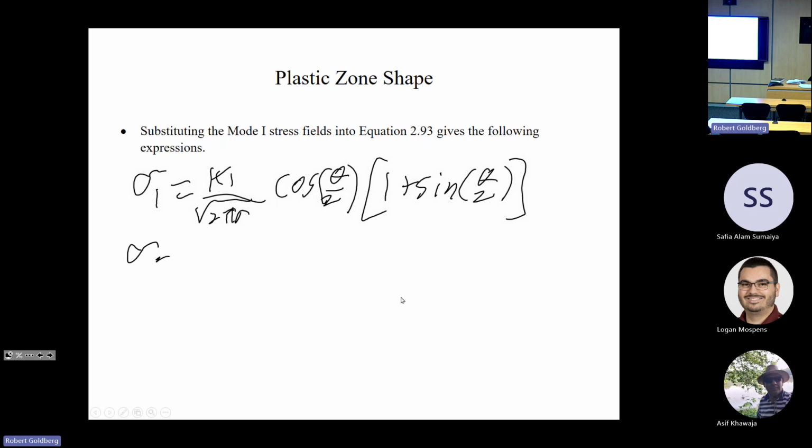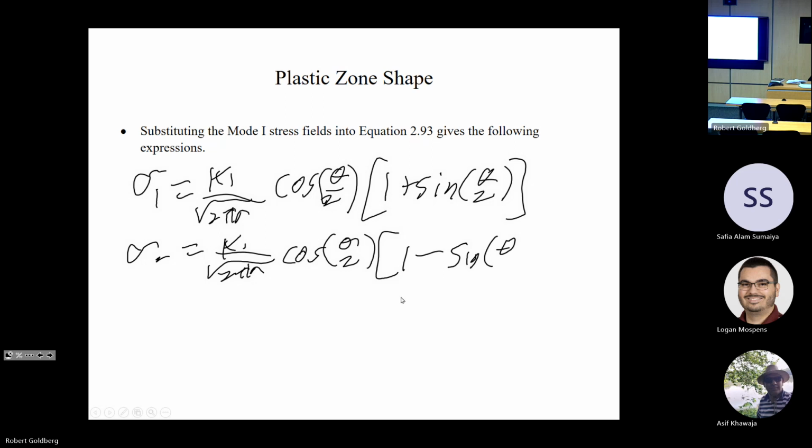Sigma 2 is equal to K1 over the square root of 2 pi r, cosine theta over 2, times 1 minus sine theta over 2. And sigma 3 is equal to 0 for the case of plane stress.